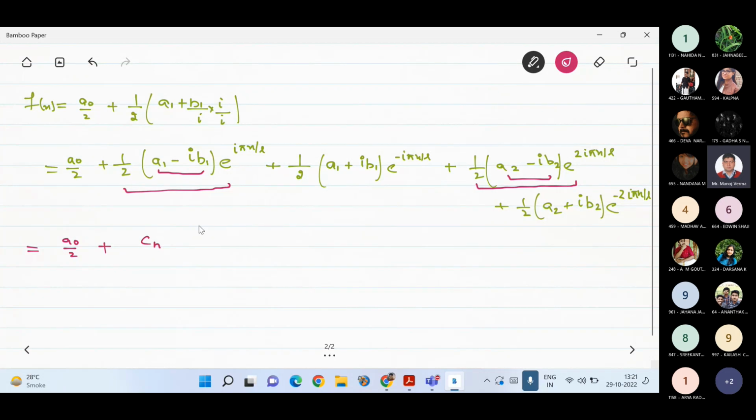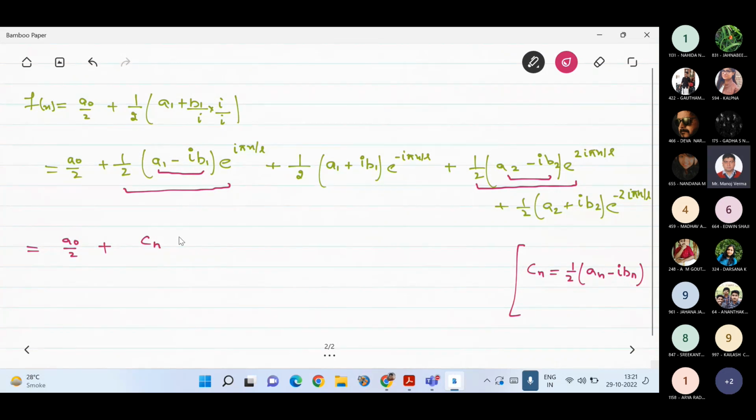The definition of Cn is half of an minus iota bn. So you can see that this one is C1, this one is C2, and the next term will be C3. So I'm writing this an minus iota bn, as half of that, as Cn.